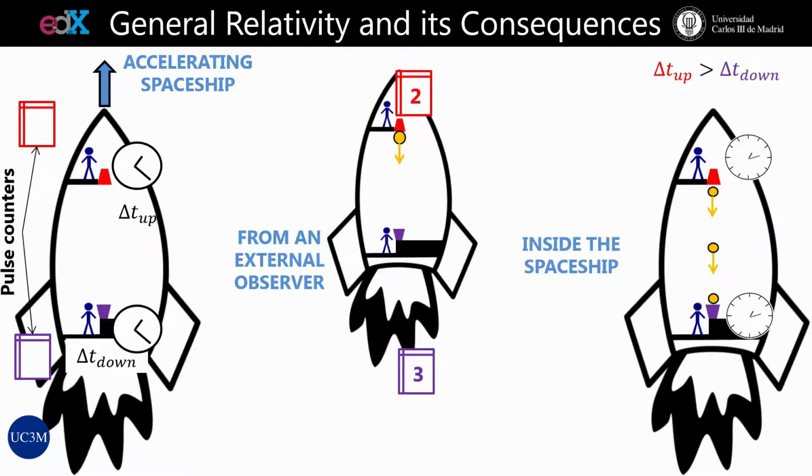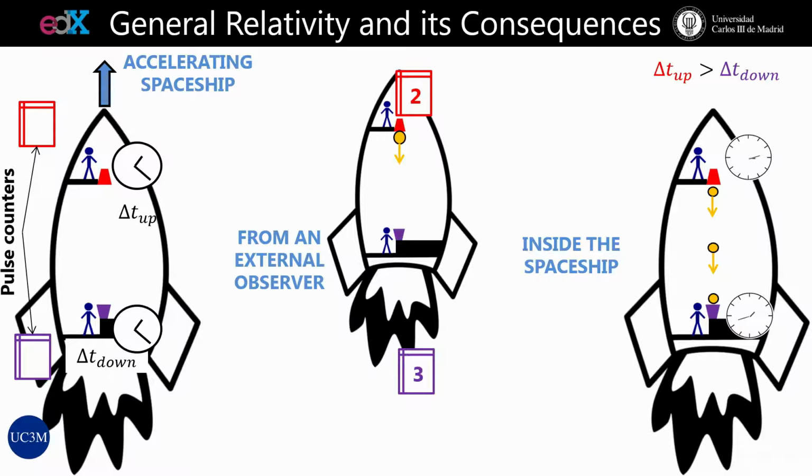And here comes the principle of equivalence. The astronauts inside the spaceship cannot tell whether they are accelerating or standing still inside a gravitational field. If they decide to think that there is a gravity field towards the bottom of the spaceship, the only explanation they can give is that time flows slower as they get closer to the bottom floor of the spaceship, along this gravity field.